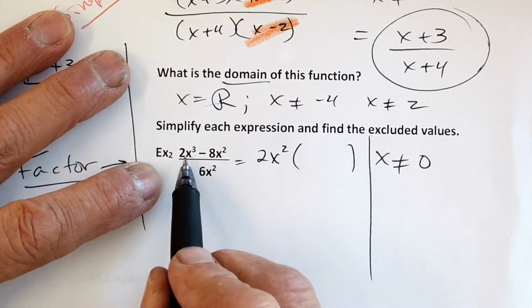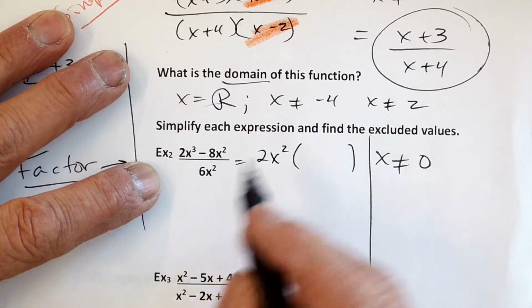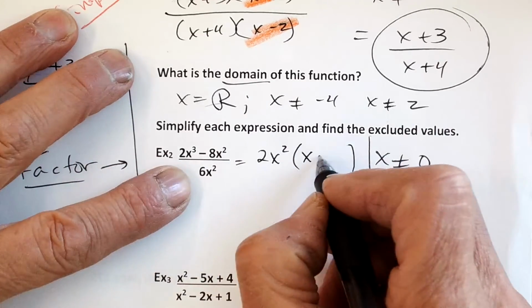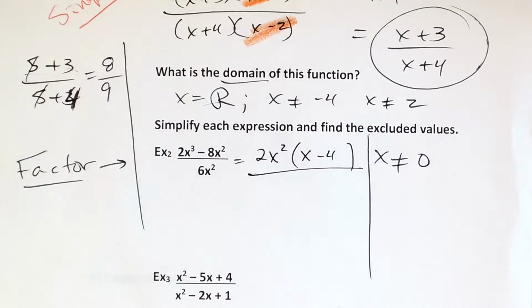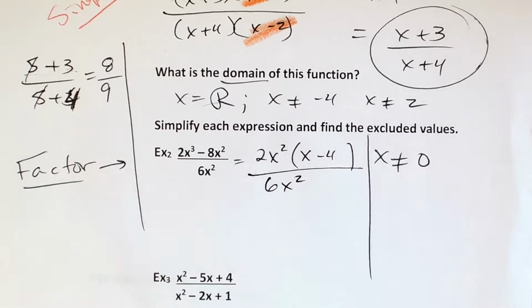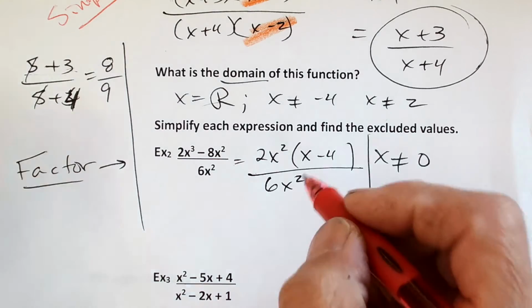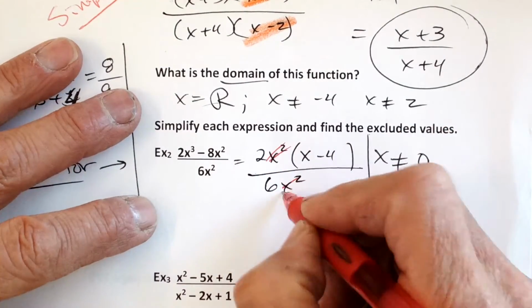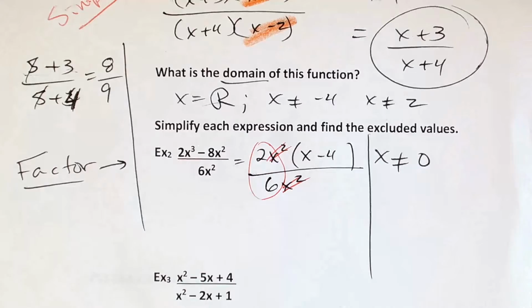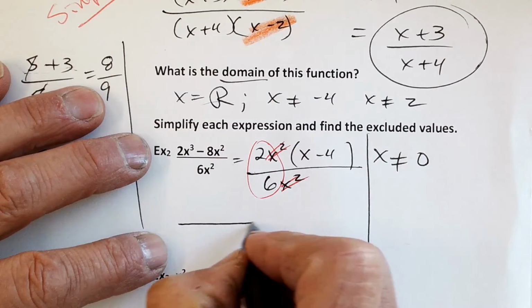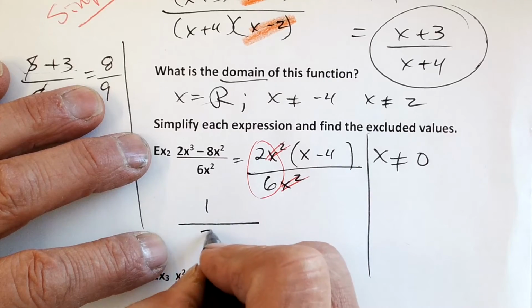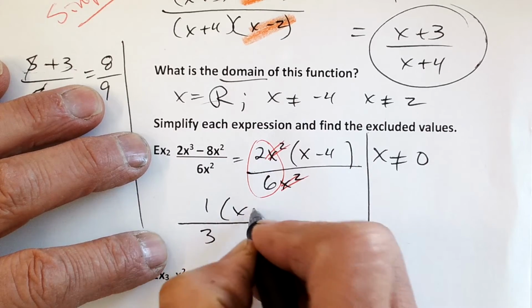So if I common factor out a 2x squared, I'd have an x minus 4 left over in the numerator over my 6x squared, okay? And now if I can simplify, I can cancel x squared with x squared, and this will become a 1/3. See the 1/3? So the answer I want is 1/3 with my x minus 4.